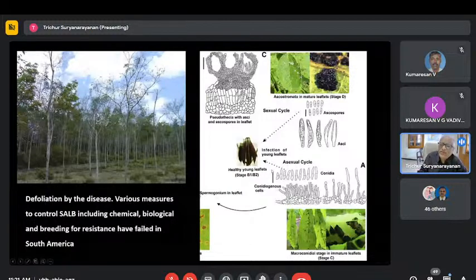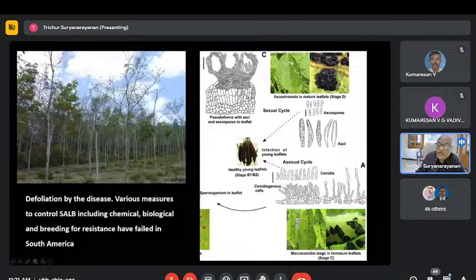Here is the life cycle, very briefly mentioned. You see the healthy leaf of the rubber tree, and when it gets infected, here you can see the rotting of the leaf. These are the early stages, and this is the later stage. Then the fungus produces conidia, asexual spores, inside pycnidia, and these are released from these spots and could easily infect young new leaves.